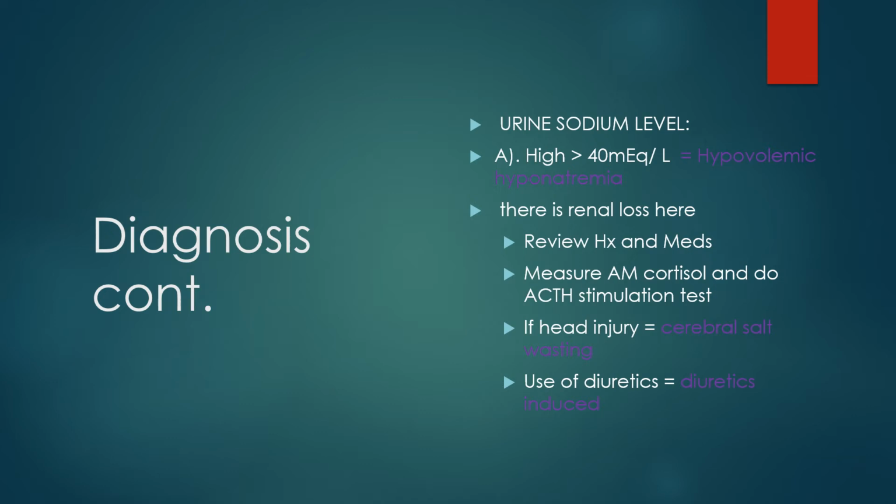And we will also ask about history of head injury. If there is head injury, might be dealing with cerebral salt wasting. And of course, the use of diuretics here. So it will be diuretics-induced hyponatremia. So all these conditions could lead to renal loss of sodium.